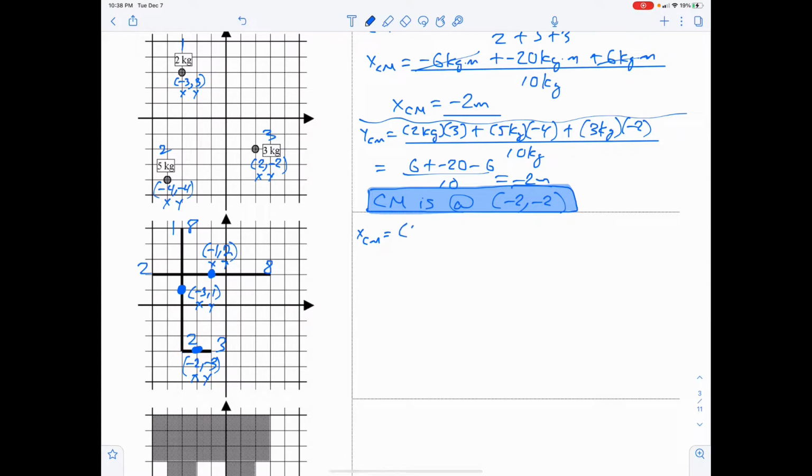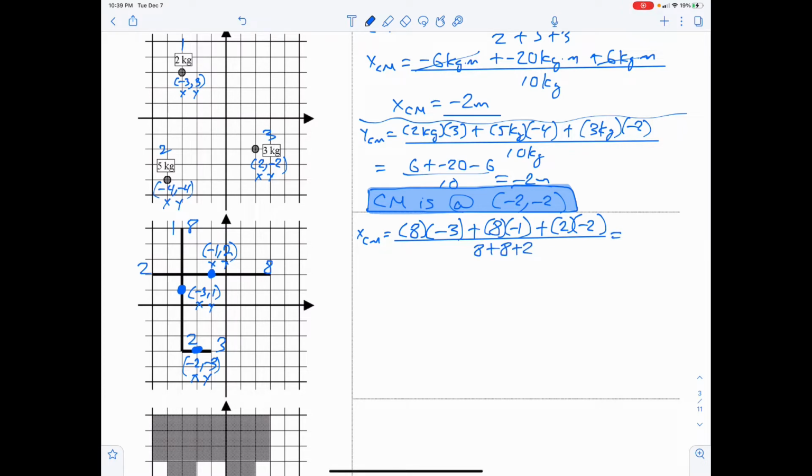So we're going to go 8 times negative 3. Okay, we're doing bar 1 right here. And then plus 8 times negative 1. And then plus 2 times negative 2. Okay, all of that is over 8 plus 8 plus 2, 18 mass units.